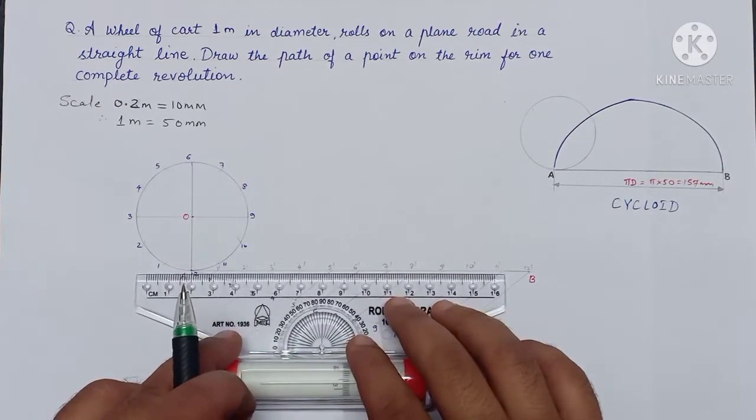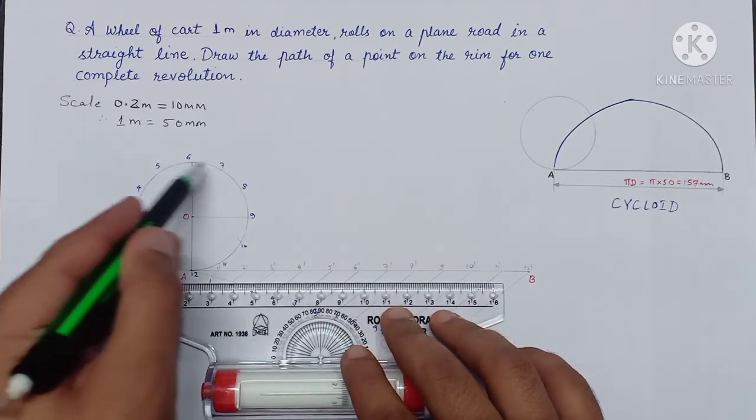now draw horizontal lines from all these 12 points.